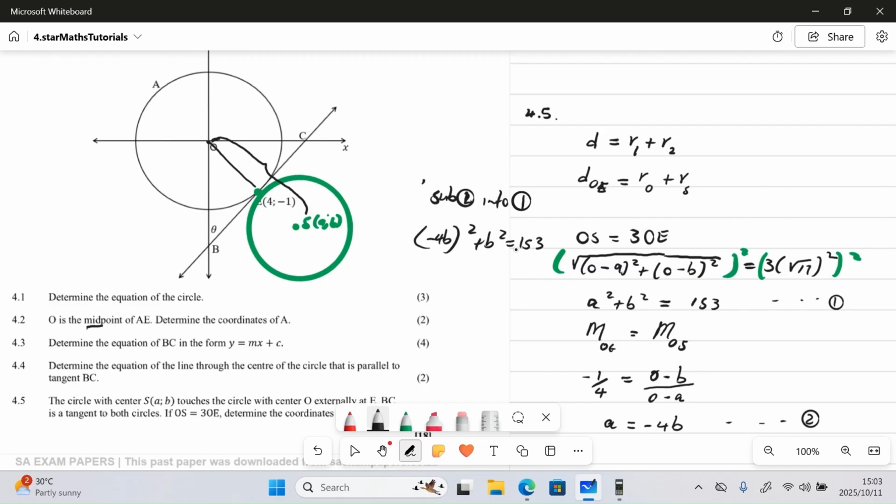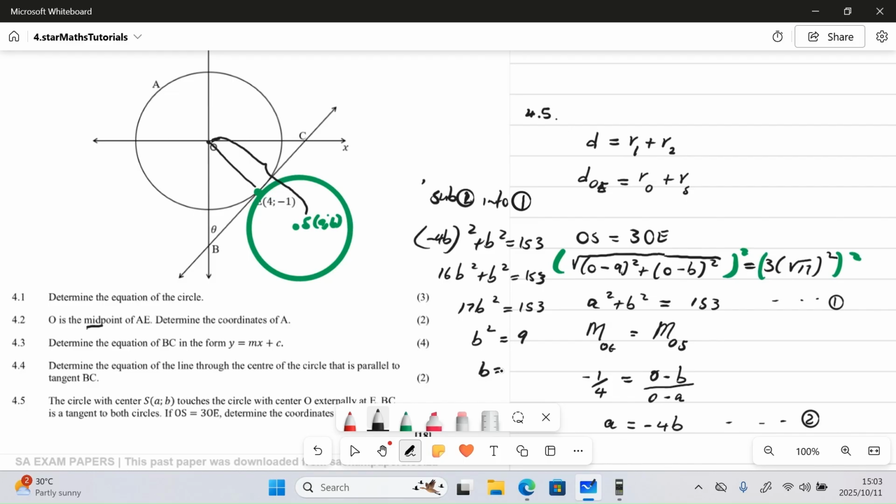Algebra, simultaneous equations. This is going to be 16b squared, then the two are like terms, they give us 17b squared equals 153. Because we're looking for b, we divide by 17. 153 divided by 17 is 9.